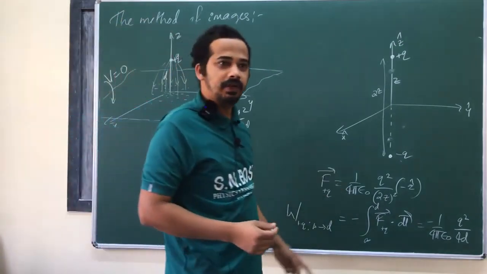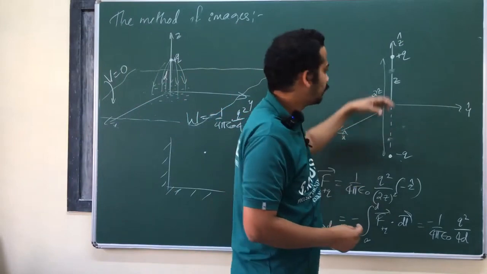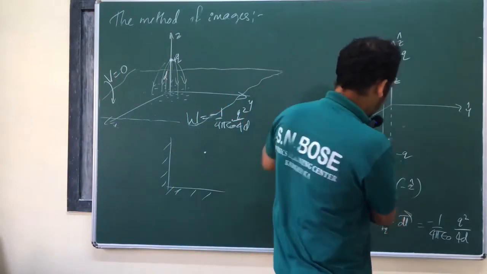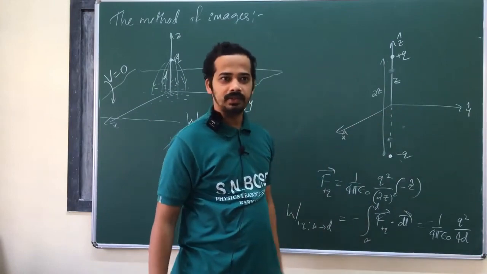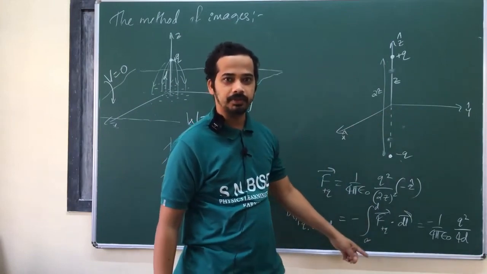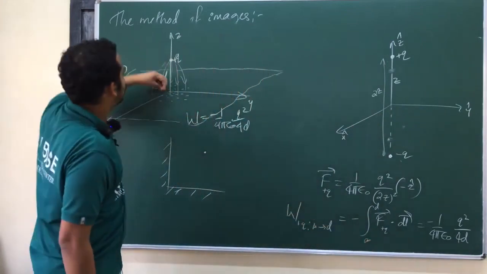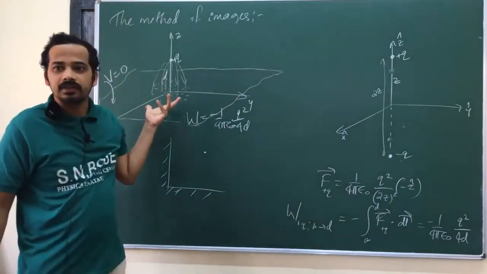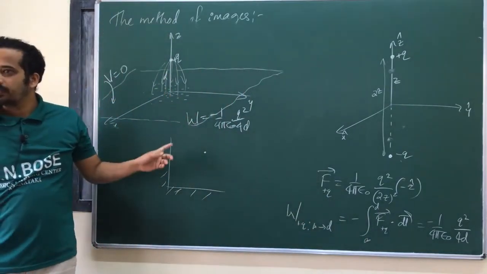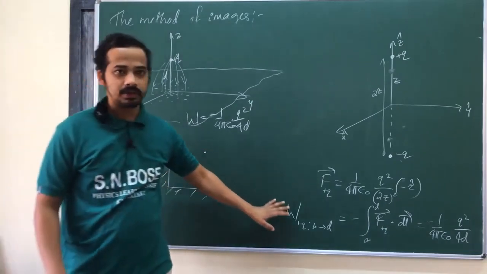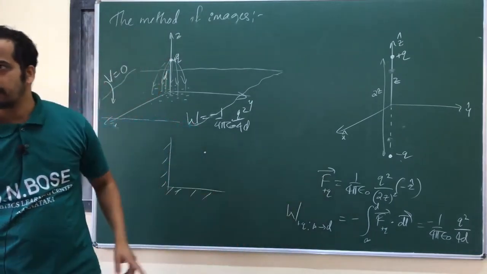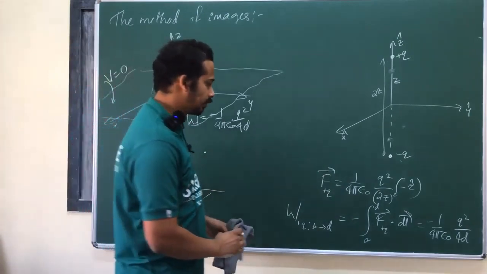That's why the way we have calculated this is the right one, because when you move this one to infinity, no charge density is left here. So that's why this is the right way to calculate the work done, but we don't prefer to line integrate and all.